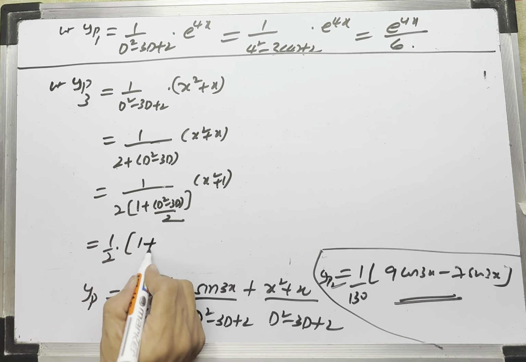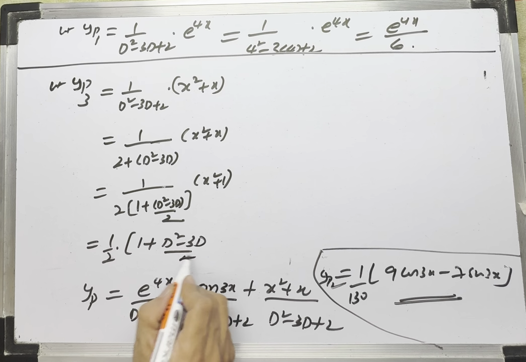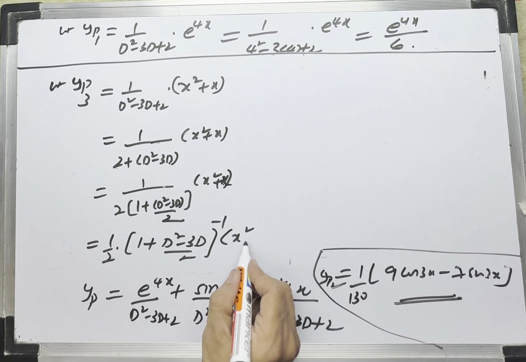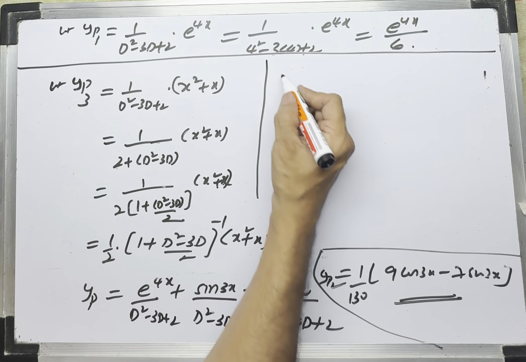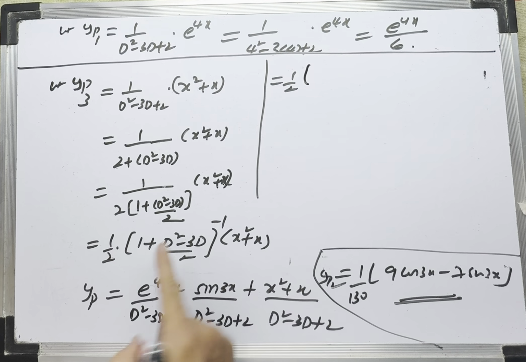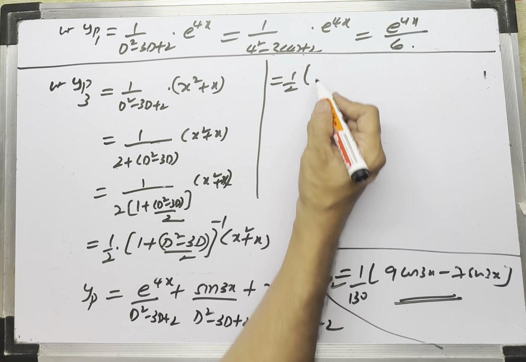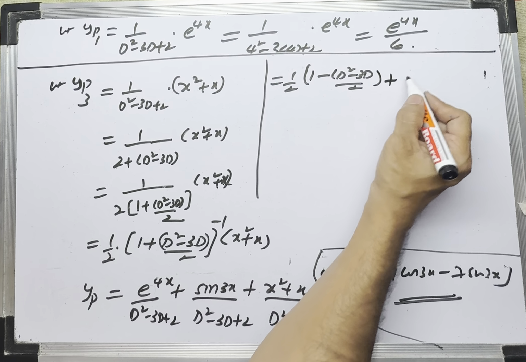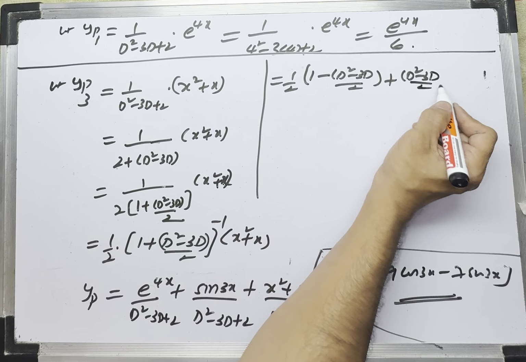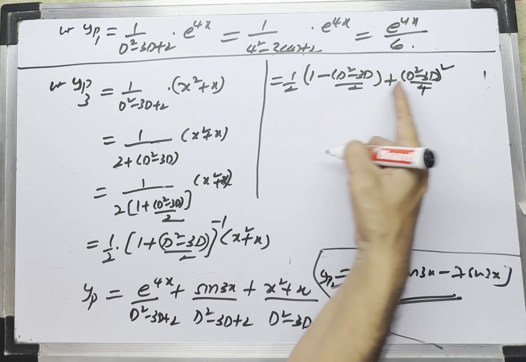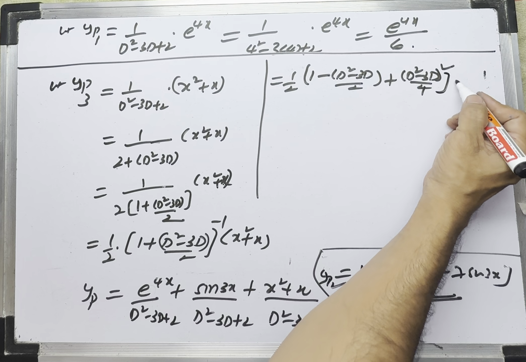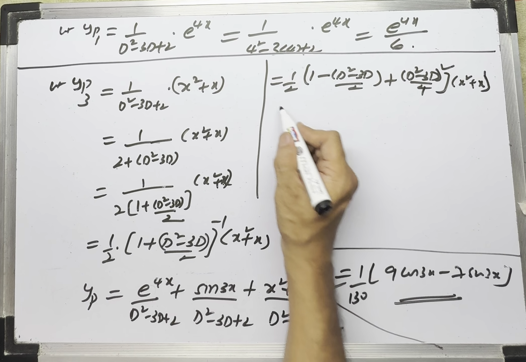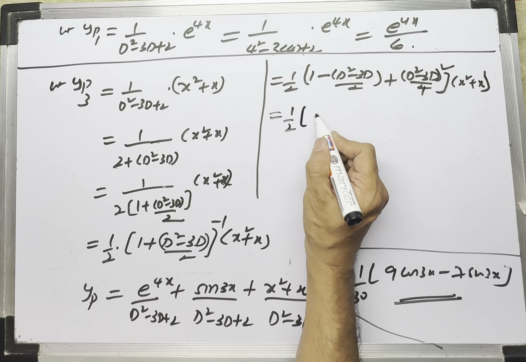So it becomes 1 plus (D square minus 3D) by 2, inverse, into x square plus x. Then 1 by 2, (1 plus X) inverse, 1 minus X plus X square. Square means numerator square and denominator square. Because x square is the highest degree value we have, we are not expanding it further.